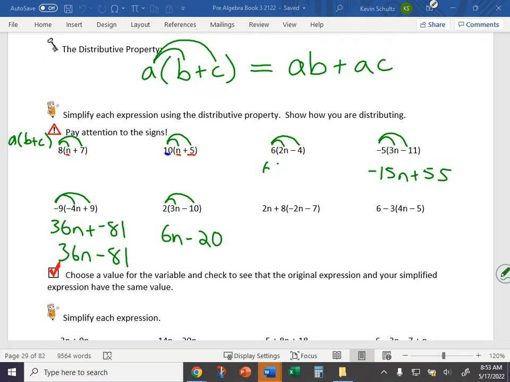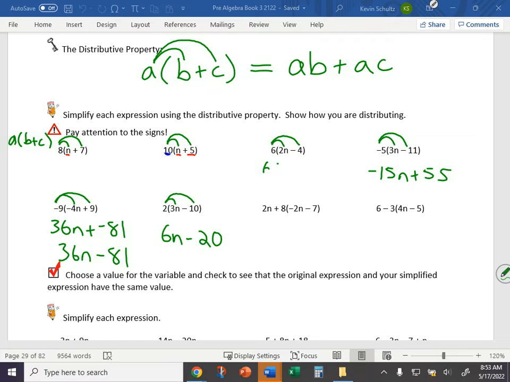Kylie? 2n plus 8 times negative 2n. So the whole thing, the 2n plus 8, all of it. Okay. Cade? None. Nothing? Haley? What like terms can be combined here?